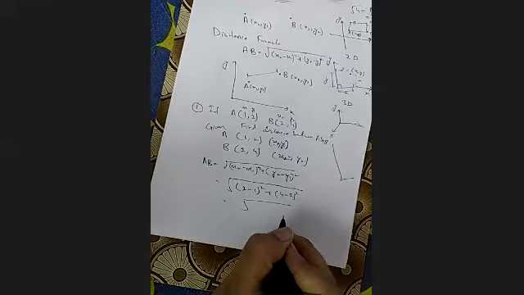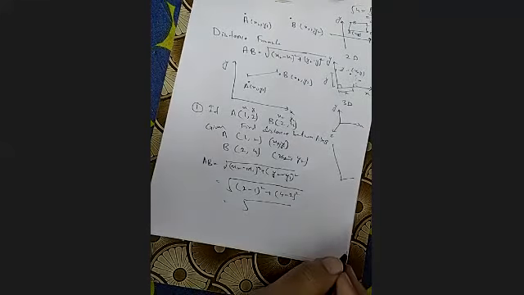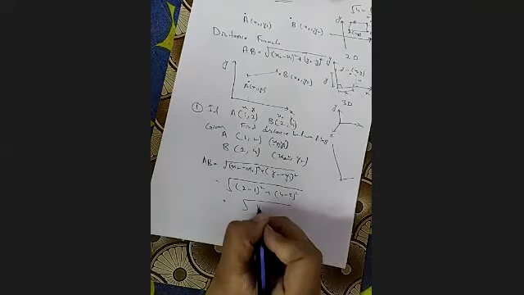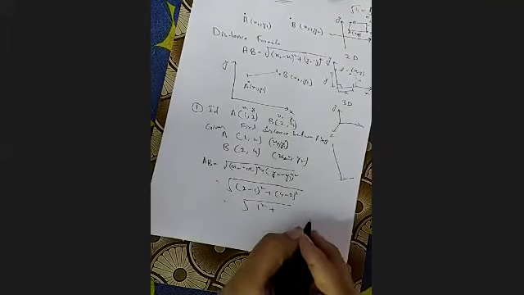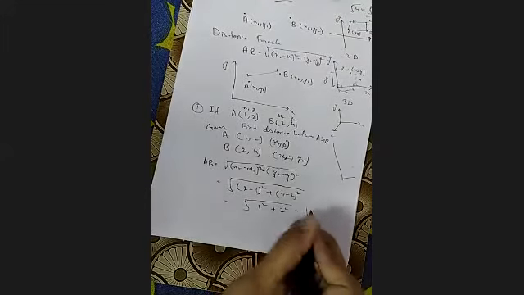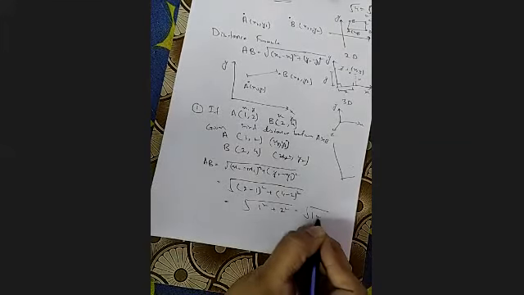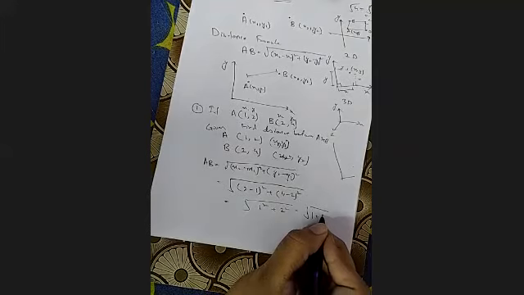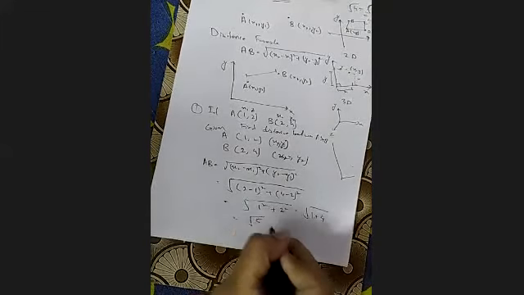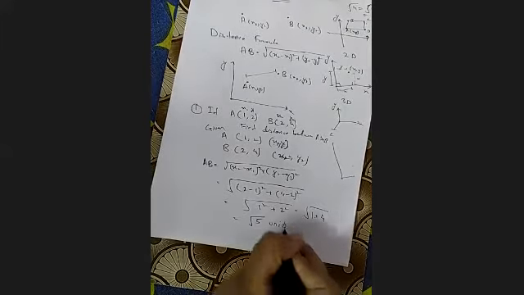What is 2 minus 1, Anas? 1. So 1 square plus 4 minus 2 is 2, so 2 square. 1 square is 1, 2 square is 4. 4 plus 1 will be 5. Root 5 units.